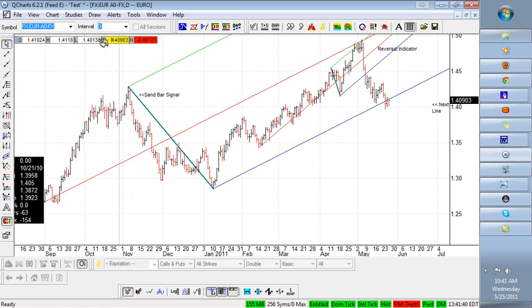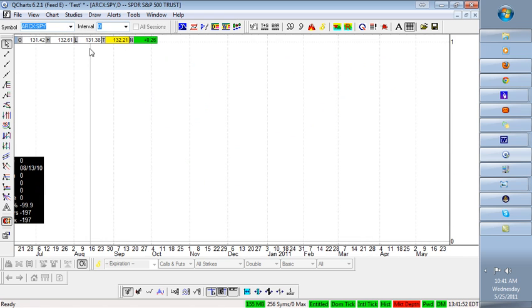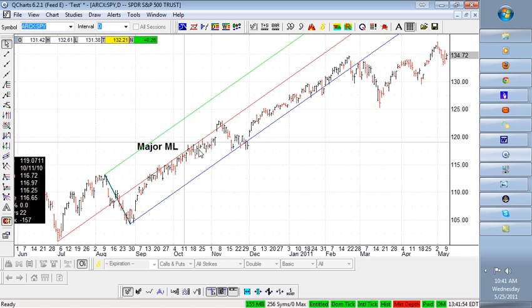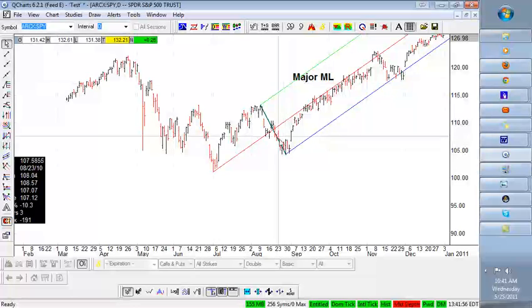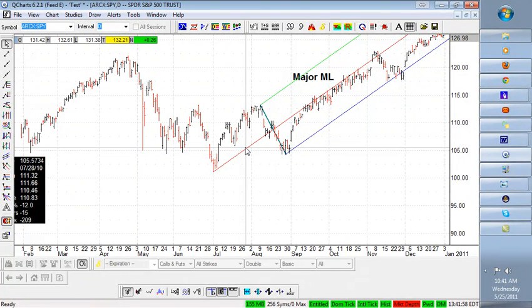Okay. Now the same kind of thing happened over in SPY. Let's switch to SPX.